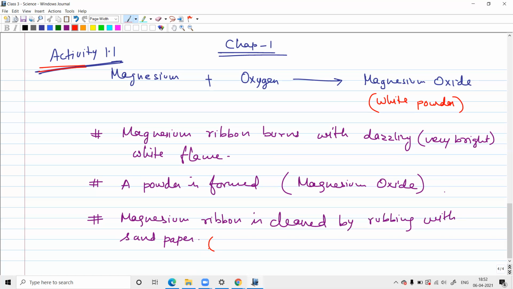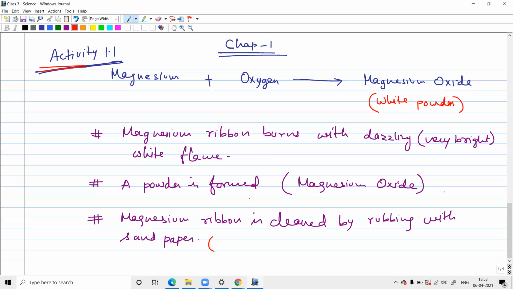It has already rusted, because if you buy magnesium ribbon from the shop, it will be kept open most probably, or at least while you have taken it out from the box wherever it was preserved. If you keep it open in air for some time also, it reacts with oxygen. Magnesium is a very reactive metal.